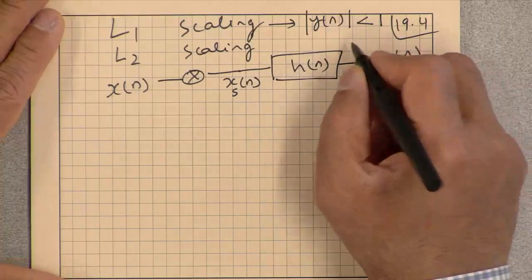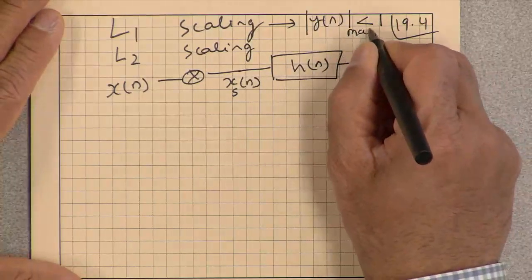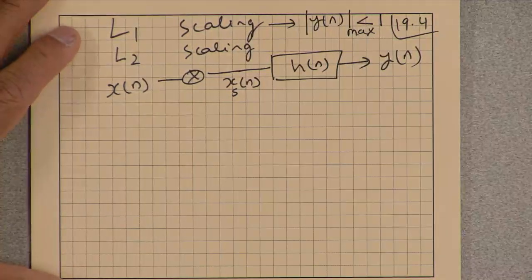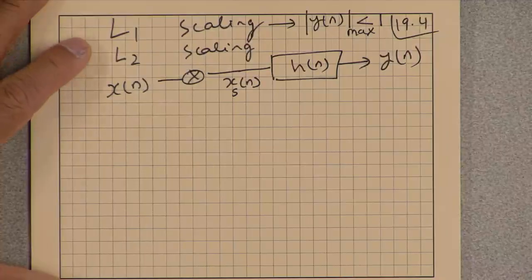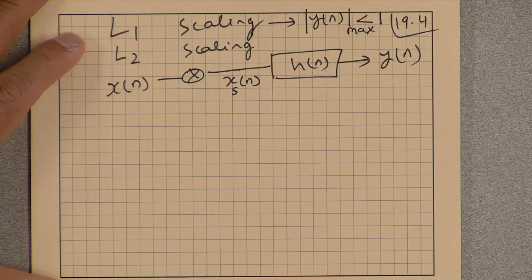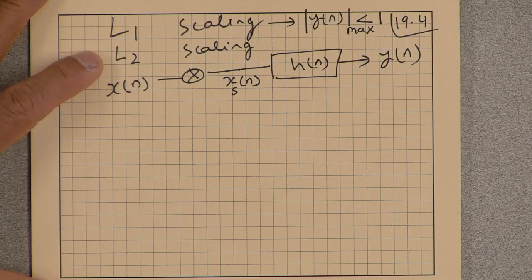The maximum of the output, that's L1 scaling. So we always guarantee that the absolute value of the output is bounded by 1. It always lies between -1 and +1. That's called L1 scaling, which is very restrictive. And why is it restrictive?